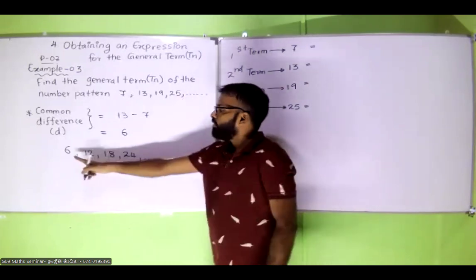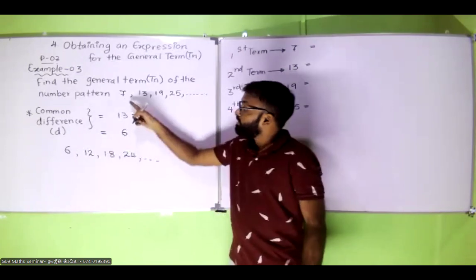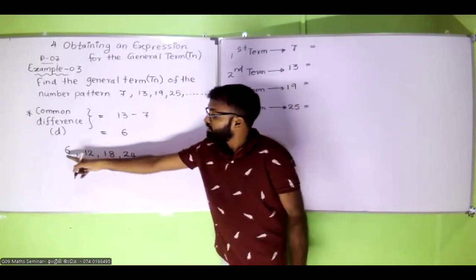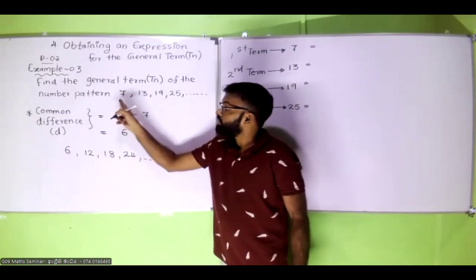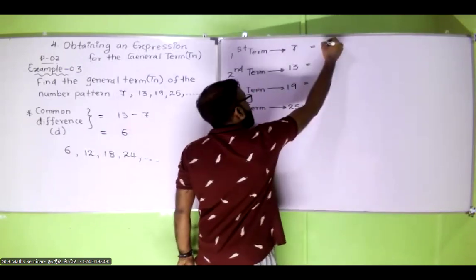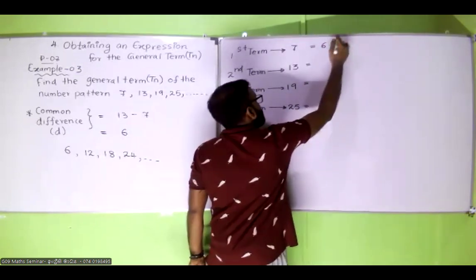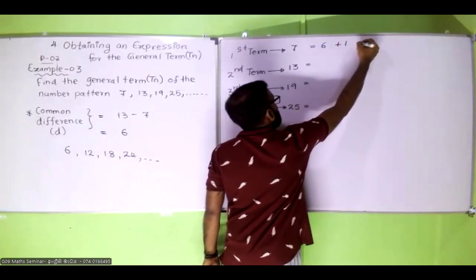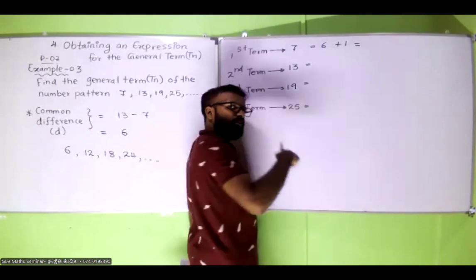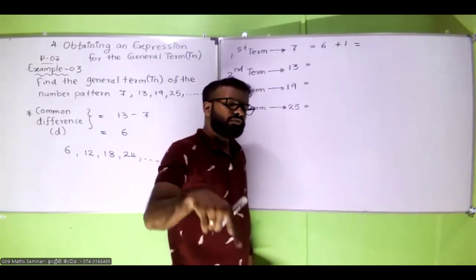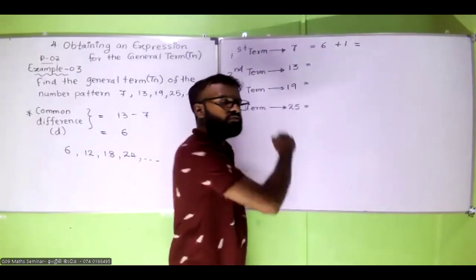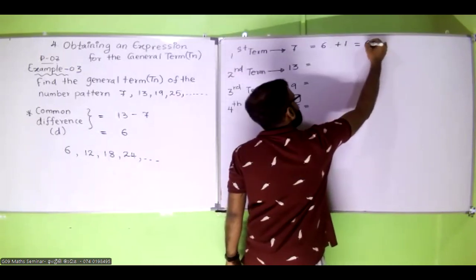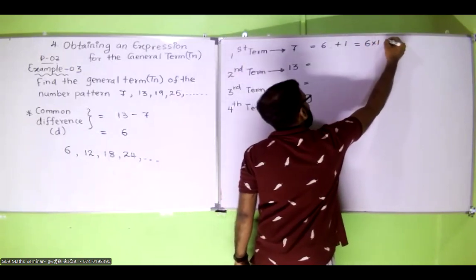Right. So by looking at 6, how are you going to obtain 7? 6 plus 1, 7. How are you going to write this in another way? Because multiples of 6: 6 times 1 plus 1.